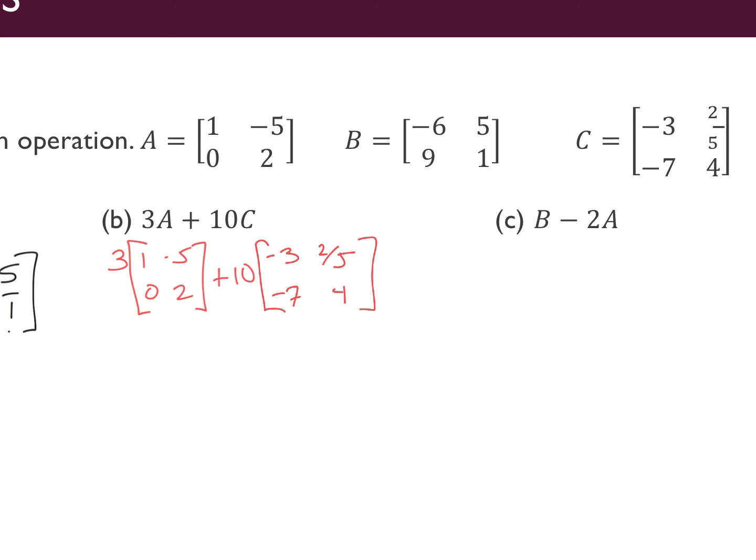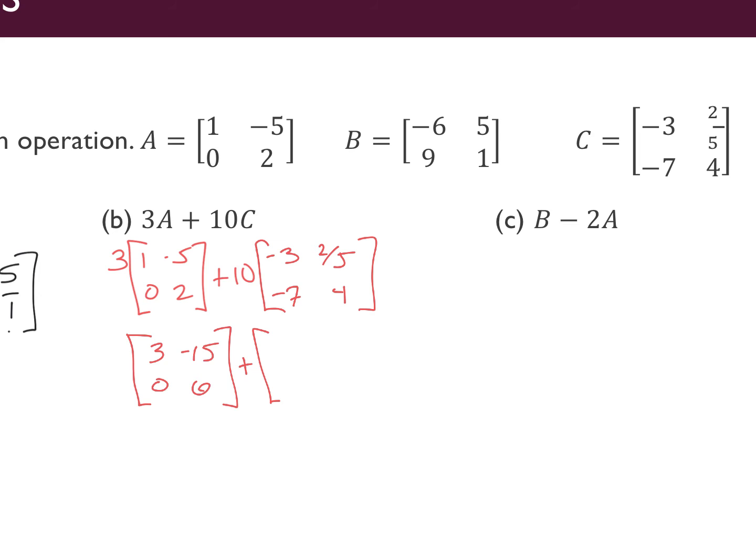So we'll distribute the 3 through the front matrix. So we'll have elements 3, negative 15, 0, and 6, and distribute the 10 to the second matrix.